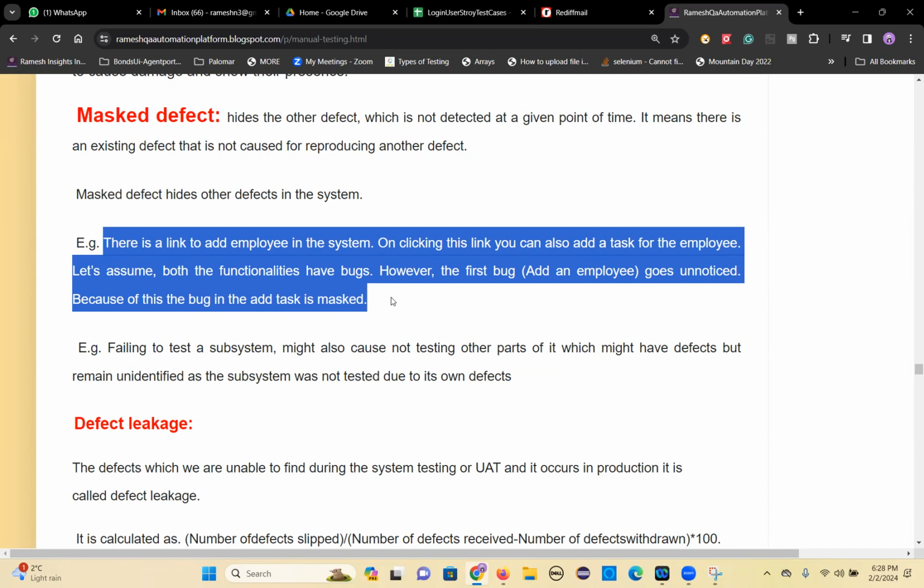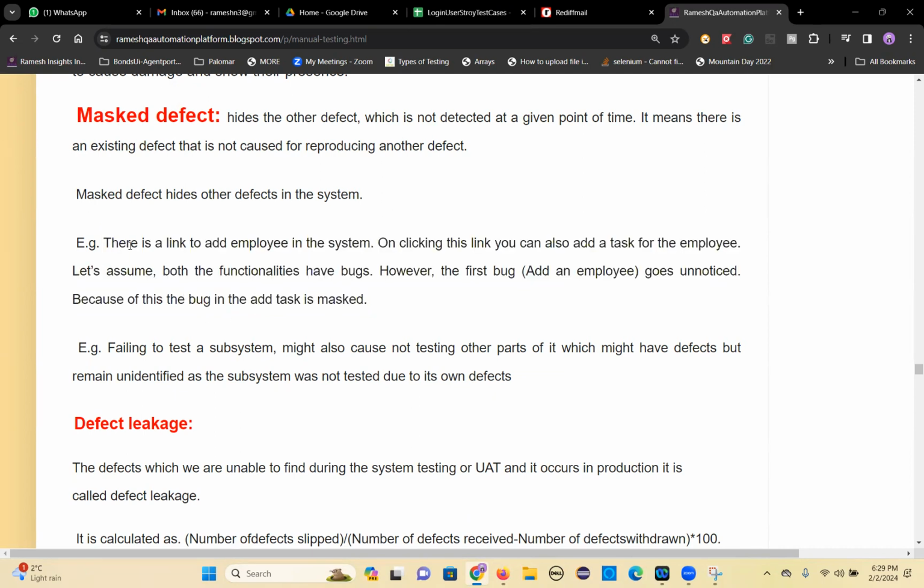What is the primary bug here? Add employee. Add employee is the primary bug. So what is hiding? Add employee is hiding the add task bug. Are you guys catching or still any doubts?